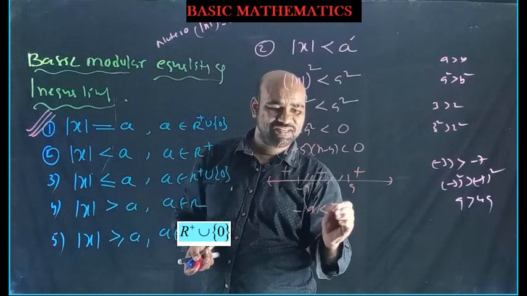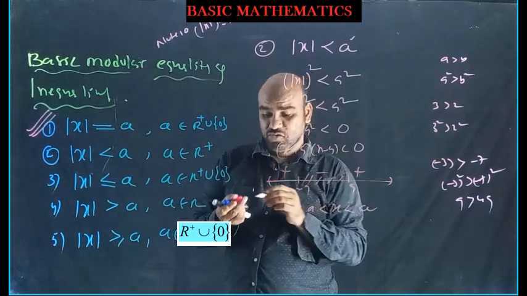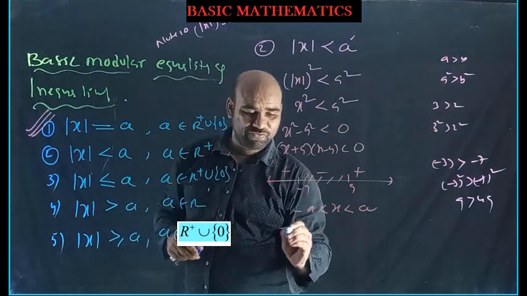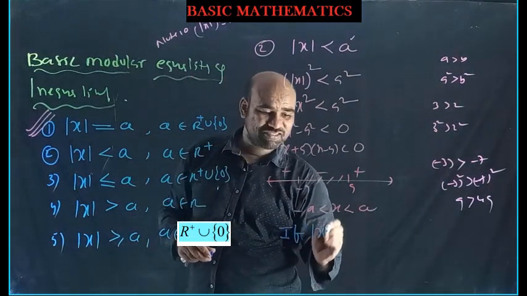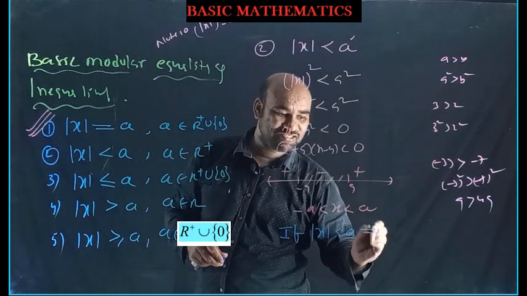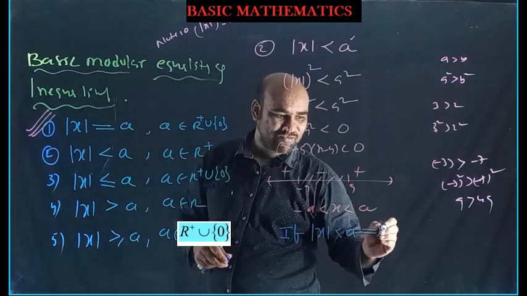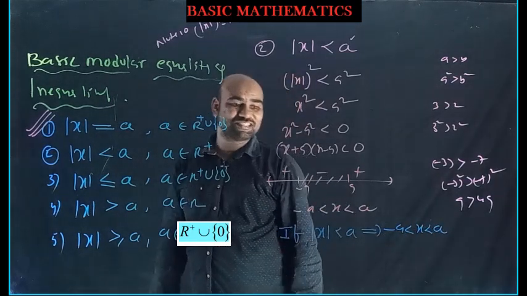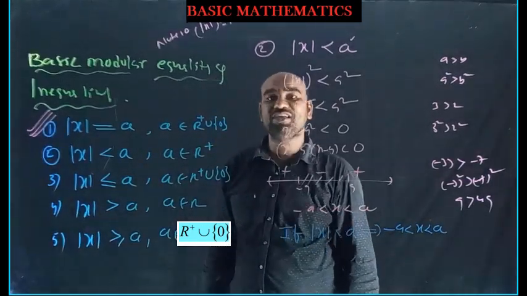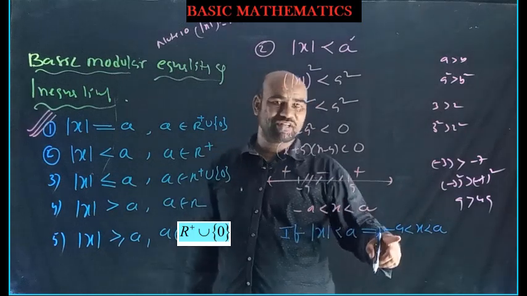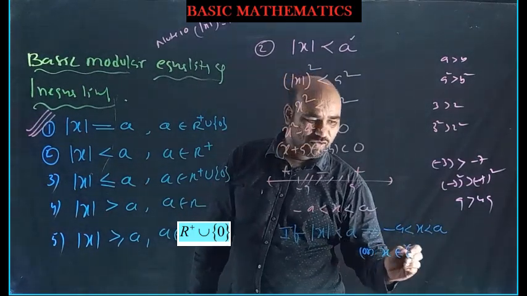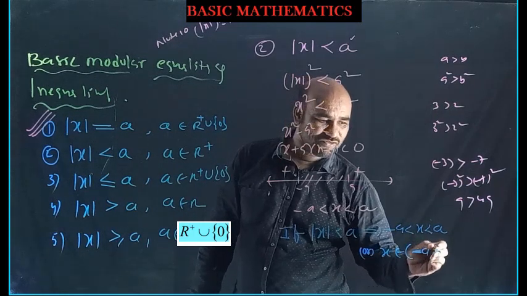Minus A less than x less than A. Final important conclusion: if mod x less than A, this implies minus A less than x less than A. Means mod x is less than A means x should lie between minus A and A, not equal to minus A, not equal to A. Sometimes you can write x belongs to open interval minus A to A.